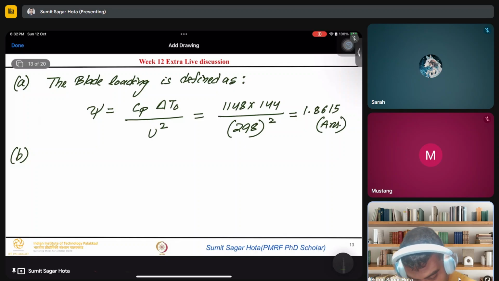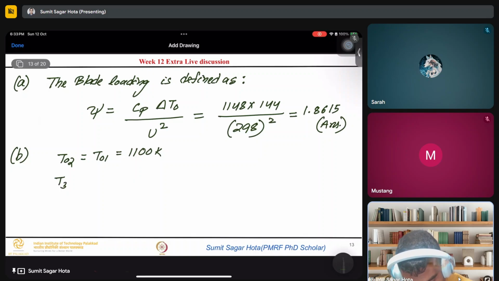So it will be easy now, because we know T02 is equal to T01 is equal to 1100 Kelvin, and delta T0 is equal to T01 minus T03.